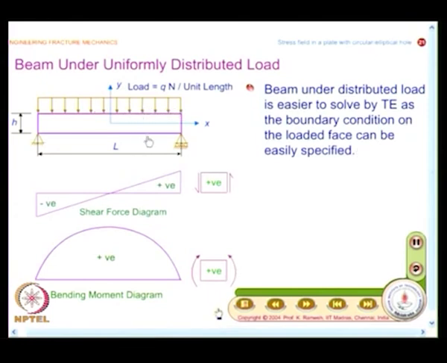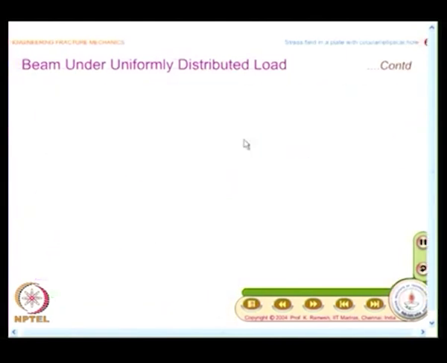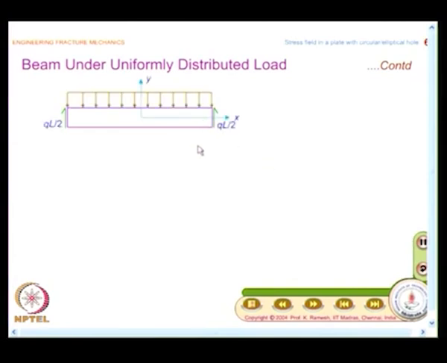So, this is one of the simplest problems taken up while developing concepts in theory of elasticity. The reason is the boundary conditions could be specified, and one of the first things you do, in order to write the boundary condition, is replace the support reactions by the shear loading on the end faces. And this is what is indicated here for clarity.